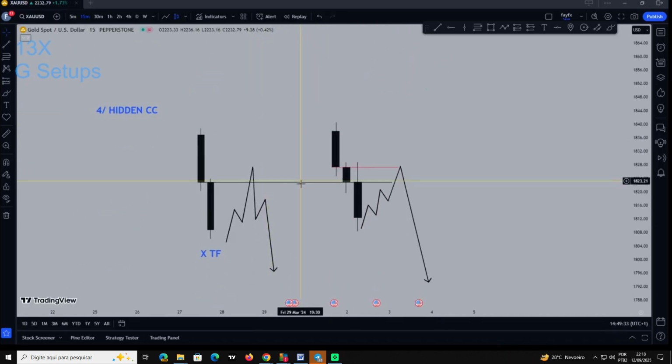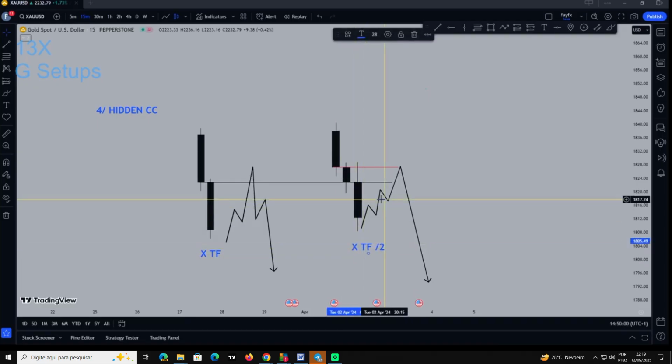For the fourth setup, it is a hidden CC. On X time frame, we see we have a gap. Then price came up. We see that it is reacting from nothing here. But when we go one time frame lower, what are we going to find? We are going to find that for sells there is a gap CC just above the main level.